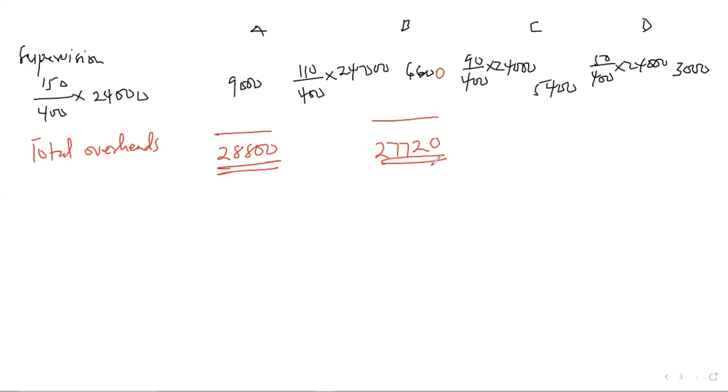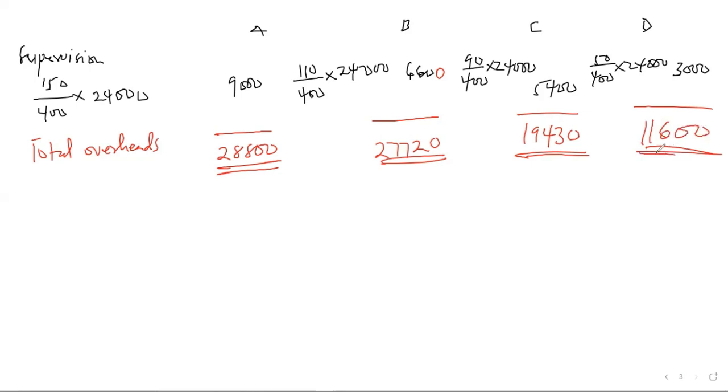Then for department C, we have 34,430. Then department D, we have 11,600. Okay, so these are the total values for each department.